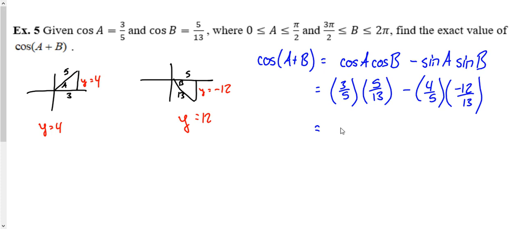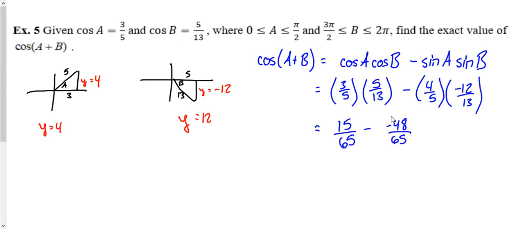So here you'd have 15 over 65. We're subtracting off, what is that? Looks like negative 48 over 65 again. Okay.